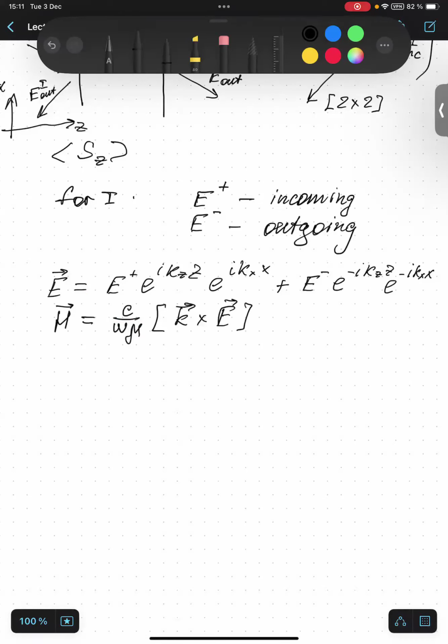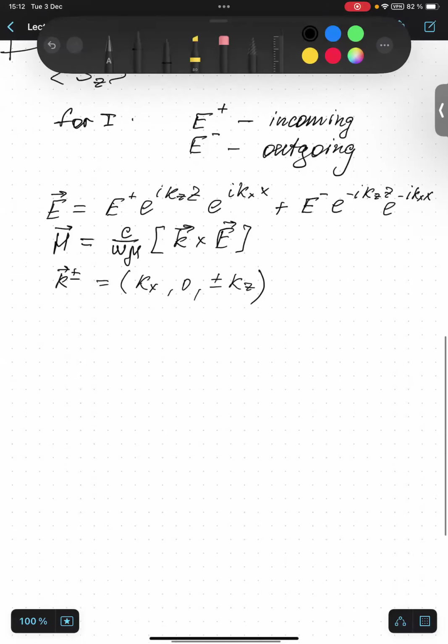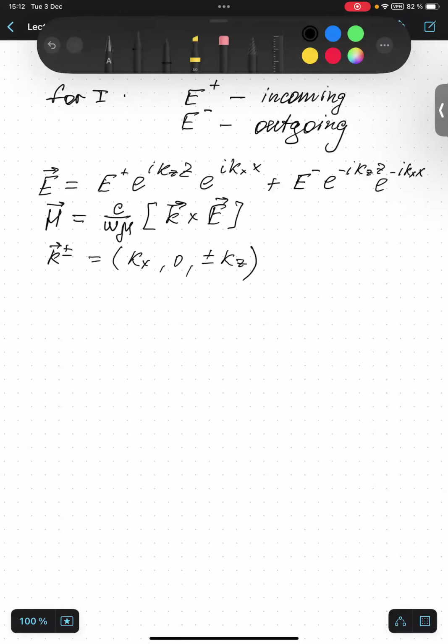Let's also introduce the vectors k plus and k minus, which are kx, 0, and plus minus kz, just for simplicity. So let's substitute the electric field into the magnetic field. We have c over omega mu.